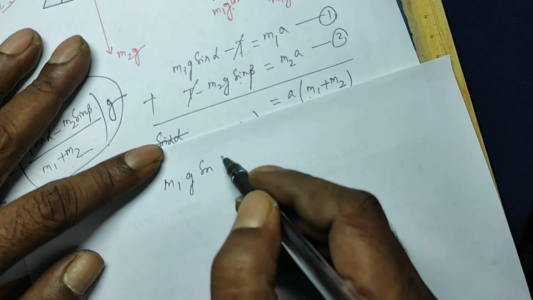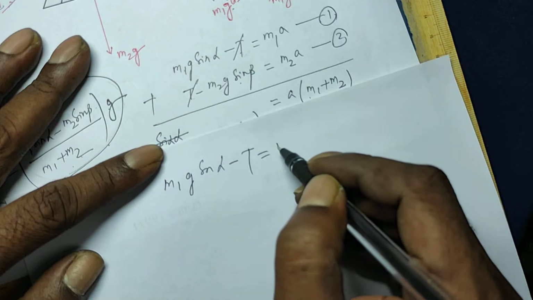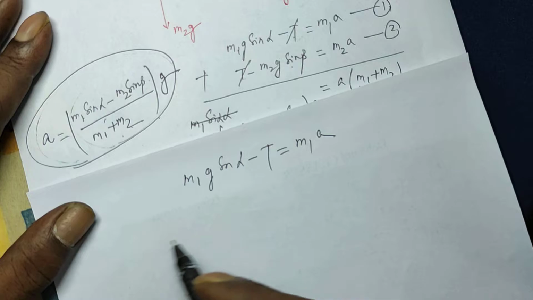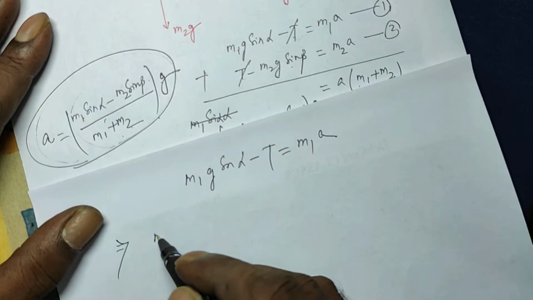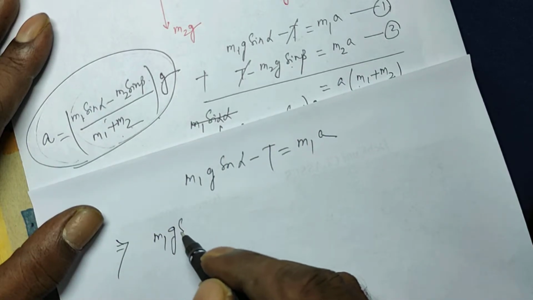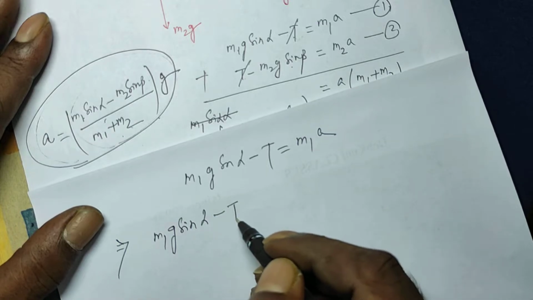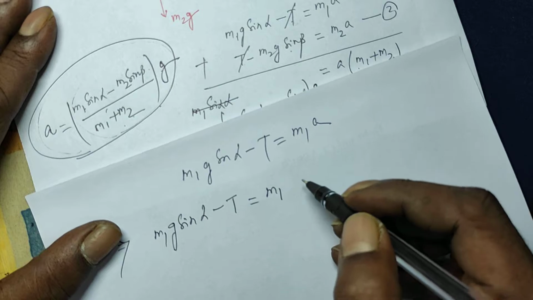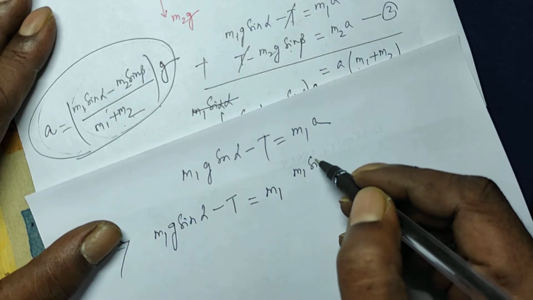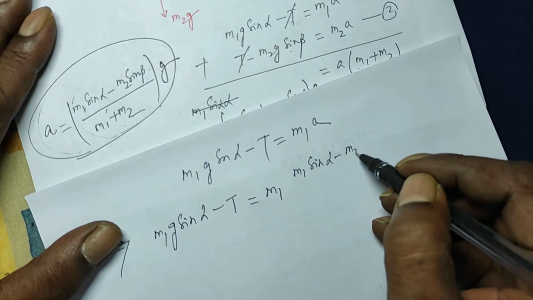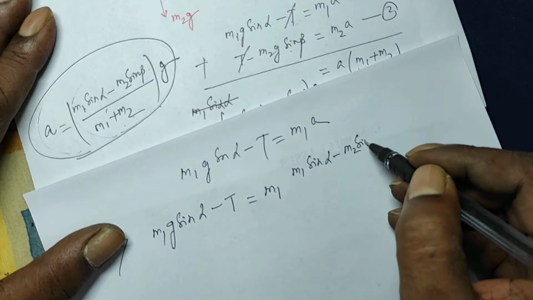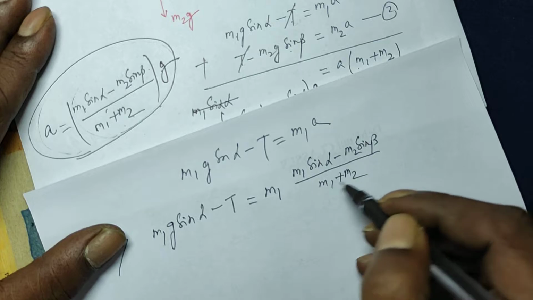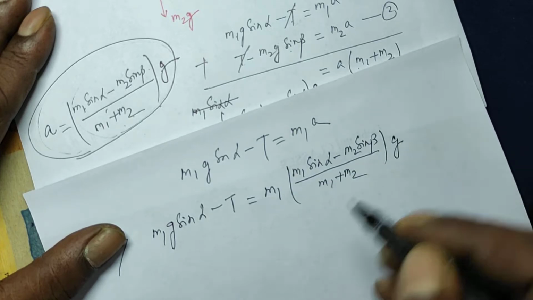M1g sin alpha minus T is equal to M1 times A, and this is your value of A. So if I substitute the value of A, M1g sin alpha minus T is equal to M1 times this acceleration, that is M1 sin alpha minus M2 sin beta over M1 plus M2 times G, right?